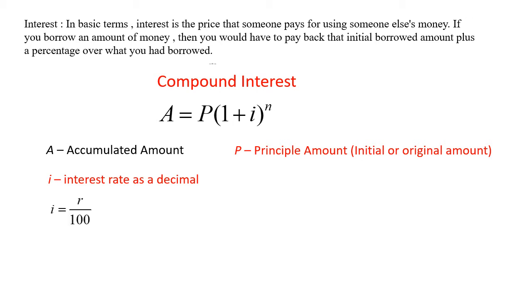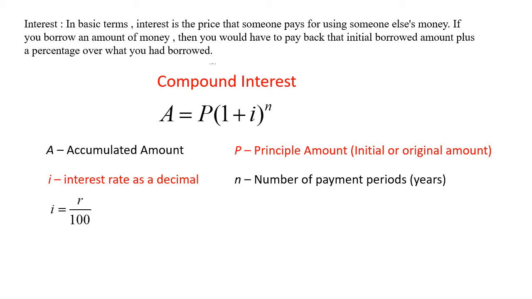Please take note that i is equal to r divided by 100, and this is what we are always going to do in this section. n is the number of payment periods, and in level 2 we are dealing only with the number of years.